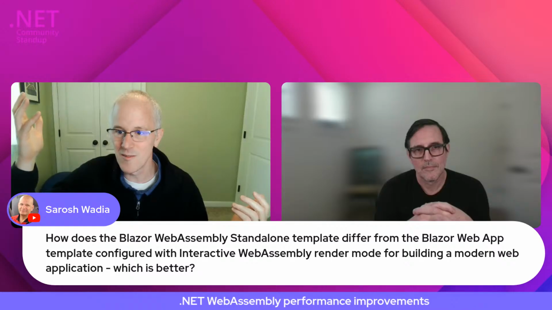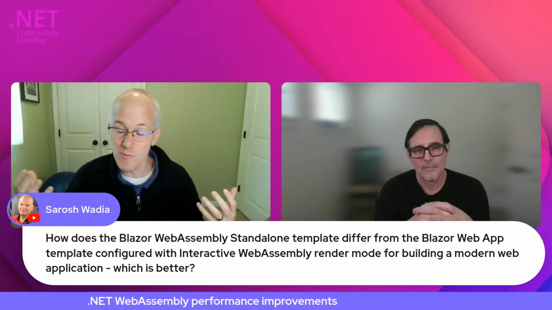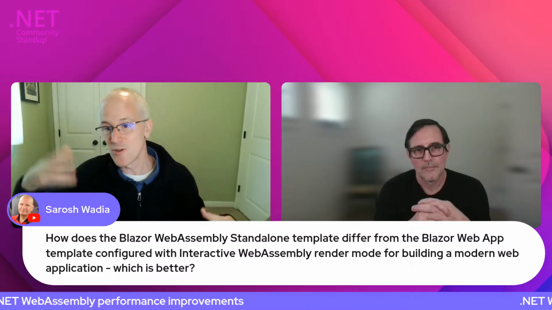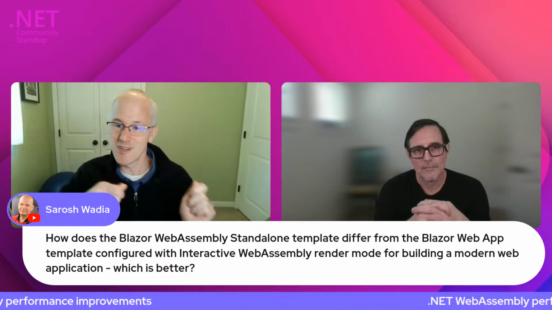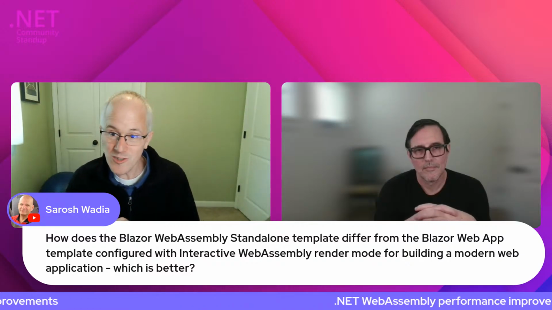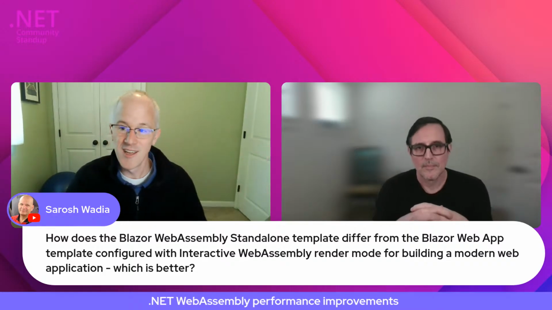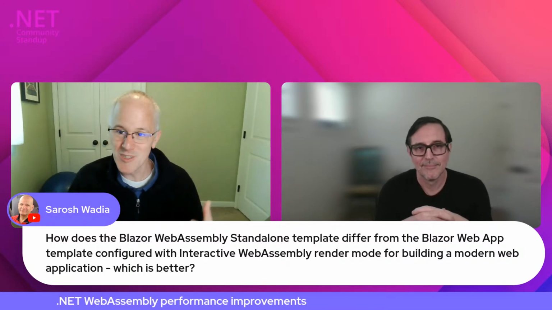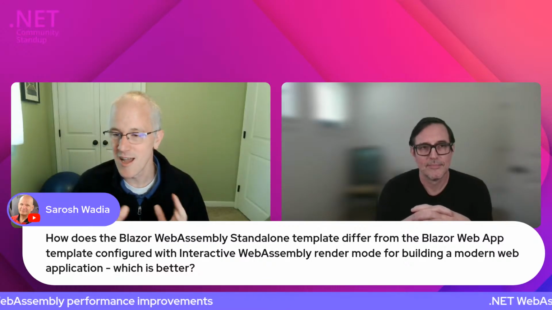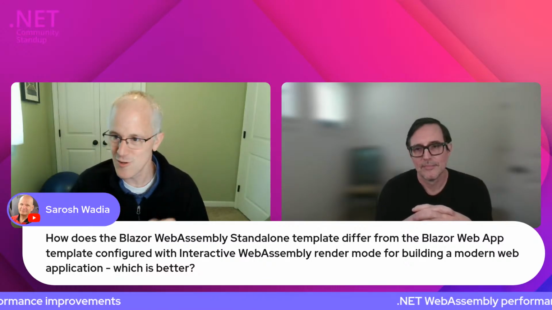That's the most flexible model, because now you have .NET code on both sides of the wire. You can flexibly decide which components run on WebAssembly and which ones you want to render server side. It gives you the most knobs and options for deciding how your app gets rendered. So that's the difference between those two.